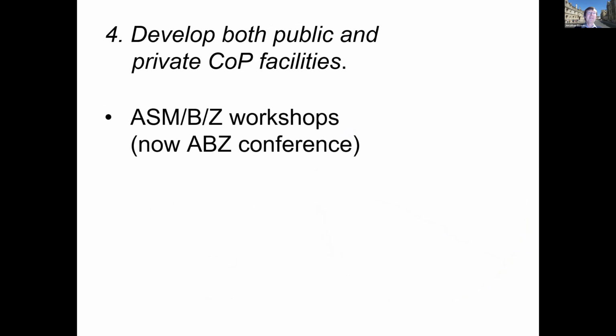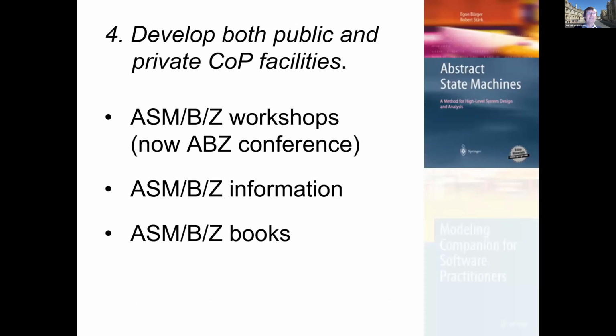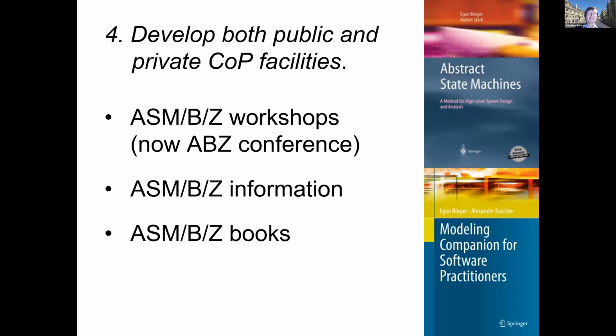So you need to develop different facilities. Some of them are public, some may be more private. Workshops became conferences. You need information on Z and ASM and so on. Nowadays, that means websites and even getting your information on Wikipedia, wherever. You need to get the information out there. You need books. Z probably had about 15 textbooks overall, which is quite good for formal methods.